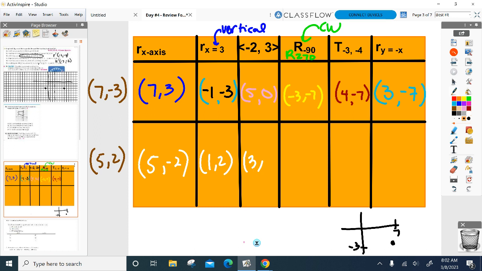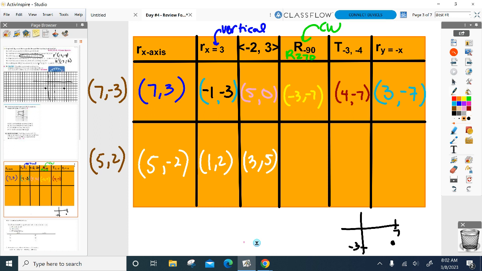Now you got to go up 3, though. Right? This 3 tells me to go up 3 units on the y-axis. So if I'm at 2 and I go up 3... why are you still in the negative, Spence? Okay, you're at 2, right? 5, -2. It's 3, 5. Okay, you good? I wrote it wrong. You good now? Yeah. All right.